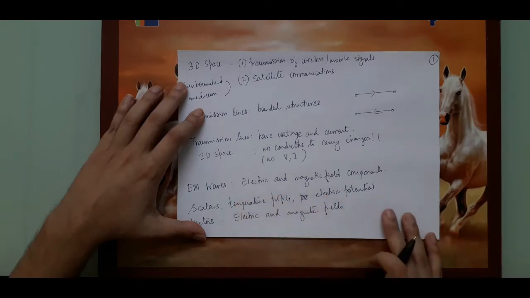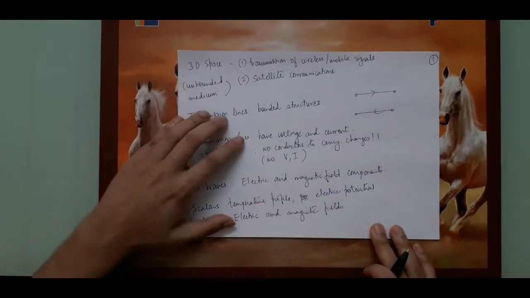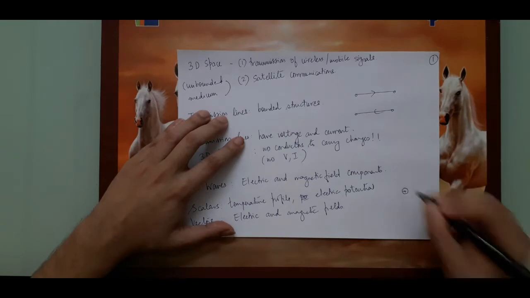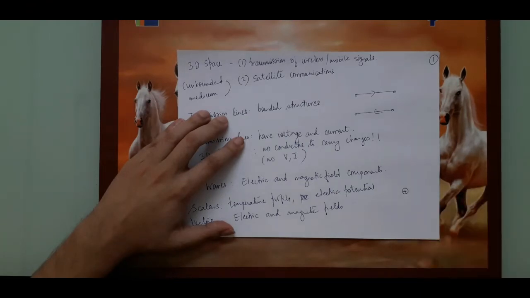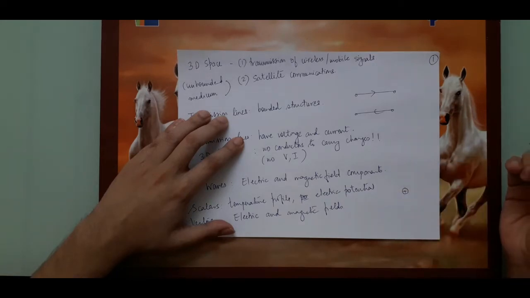That is, what are the fundamental quantities that give rise to electric and magnetic fields. For example, if I have a charge, a single charge somewhere in space, this gives rise to an electric field.